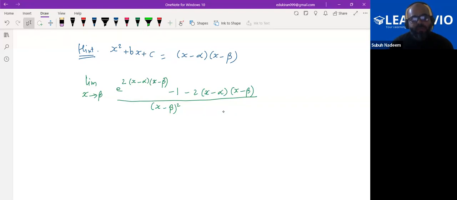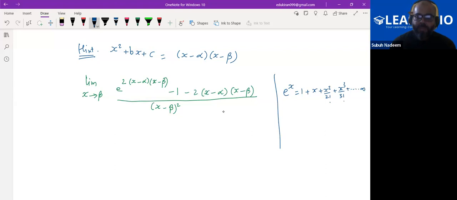Now, you can do two different approaches here. One approach is the expansion of e to the power x. So e to the power x expansion is 1 plus x by 1 factorial plus x square by 2 factorial plus x cube by 3 factorial and so on till infinity.